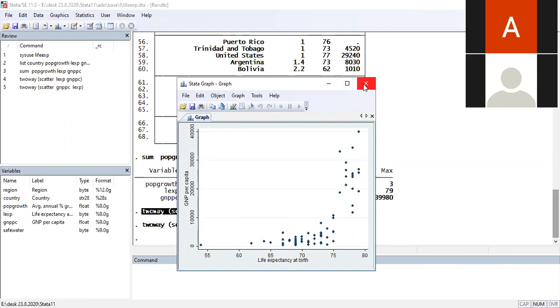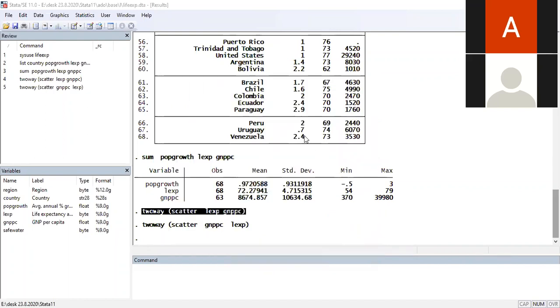All right, three things basically. One, we listed the variables, so we know what the values in the variables are. Then we did descriptive statistics, then we did a scatter diagram. What else can we do? If you need a new variable from the old variable, you can generate new variables.